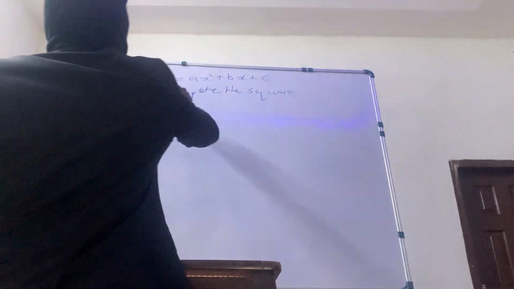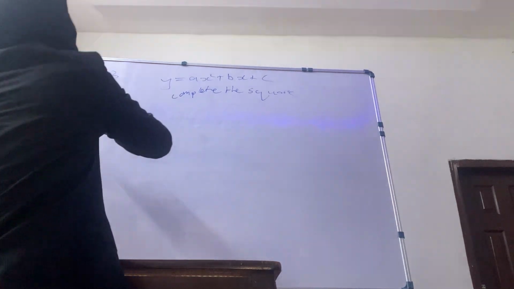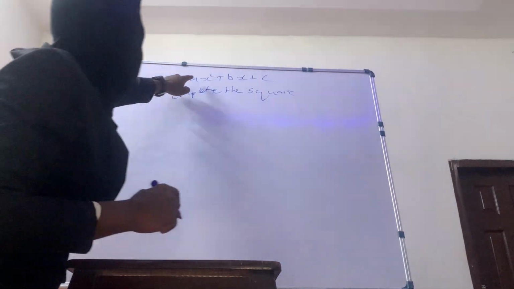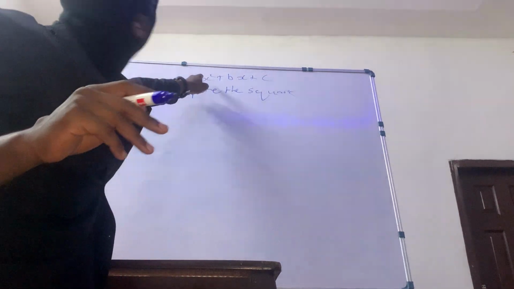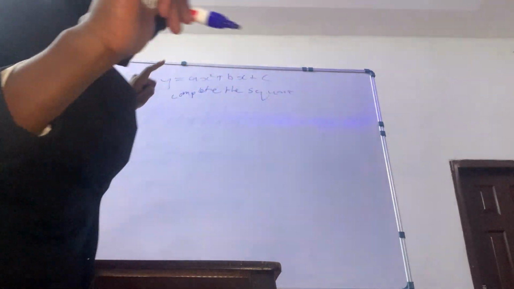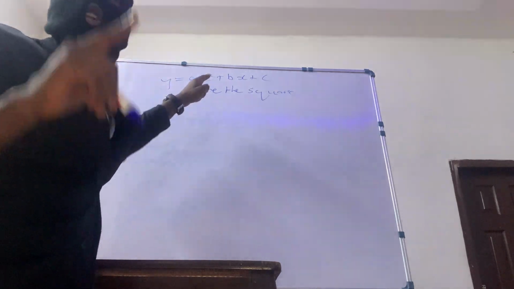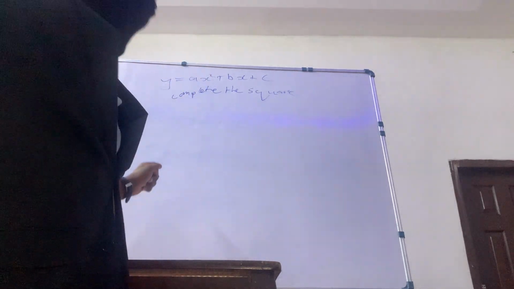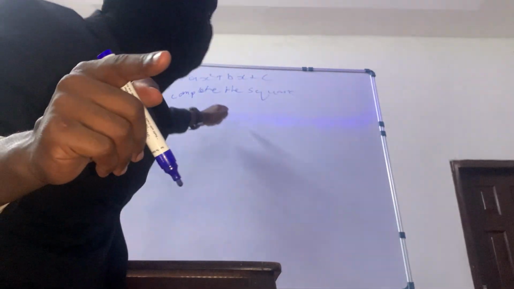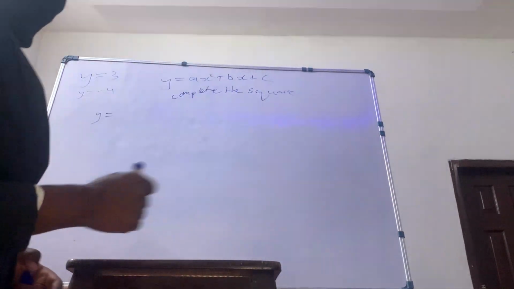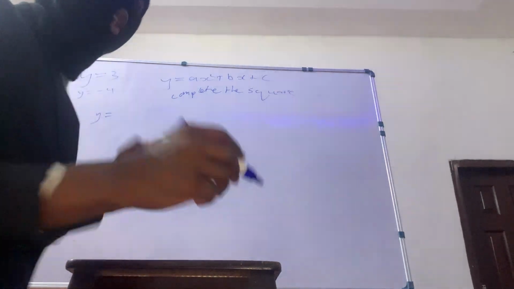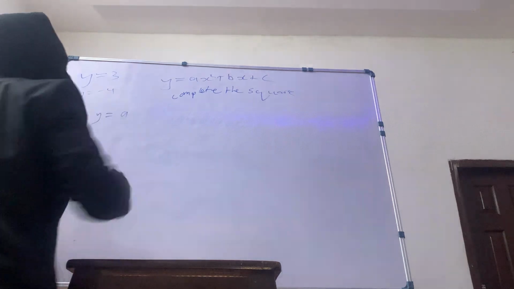So we are going to be left with y is equal to, here the coefficient of x squared should be 1. Now the coefficient is a. So we are actually making the coefficient 1 by factoring out a.